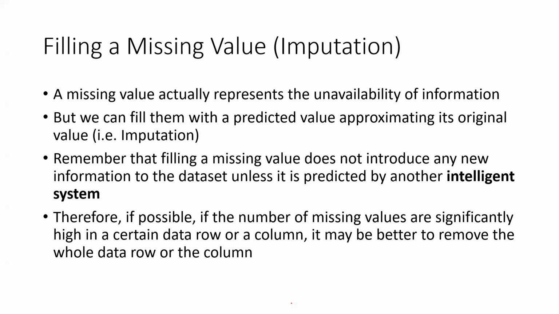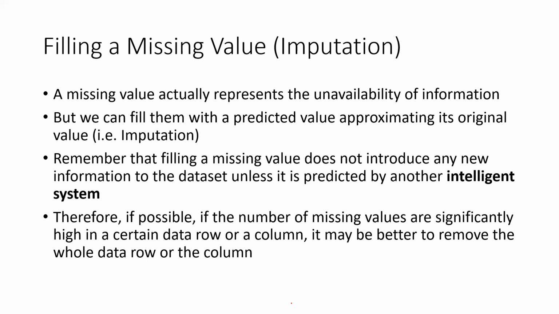So make sure, if you have too many missing values in a certain row or a column, the best thing is to remove that row or the column entirely instead of trying to fill, because filling missing values may add some new bias into your data set, right?